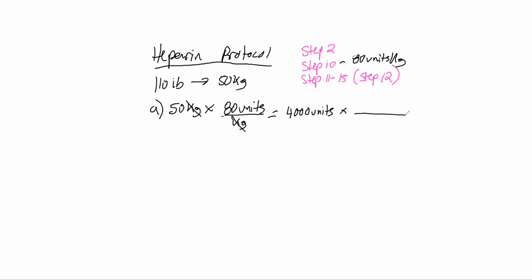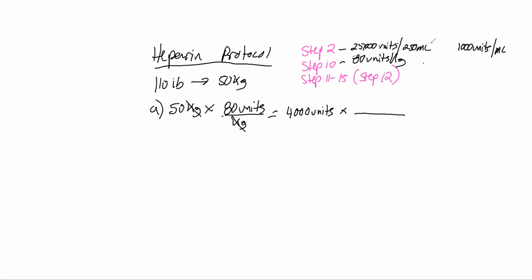Then, looking at step 2 tells me 2 pieces of information. It tells me that I have 25,000 units of heparin in 250 mLs, and that I have 1,000 units per milliliter in my bolus.